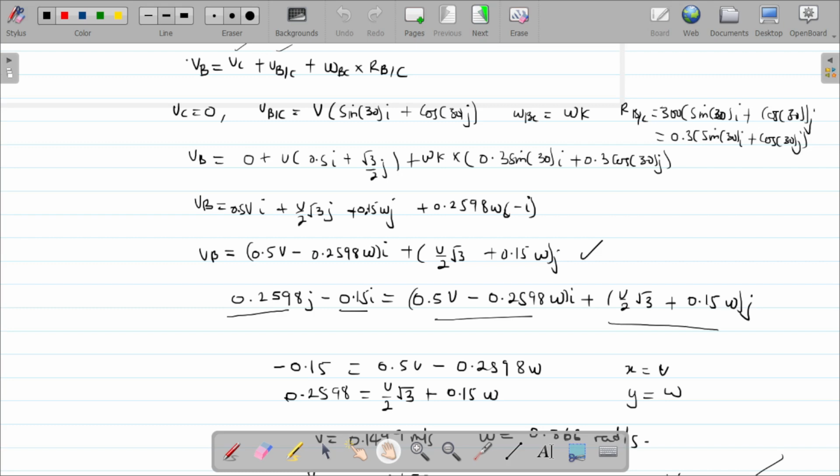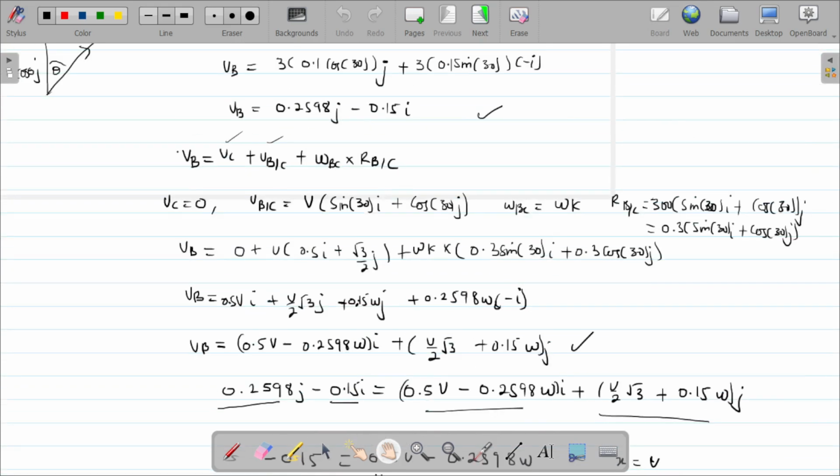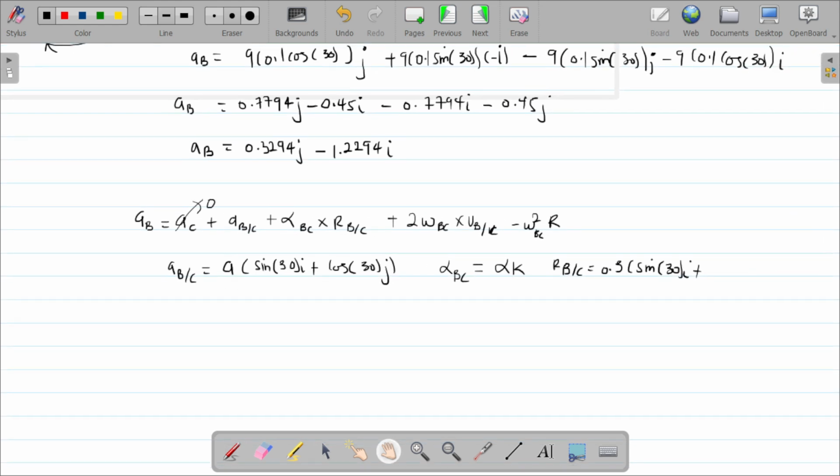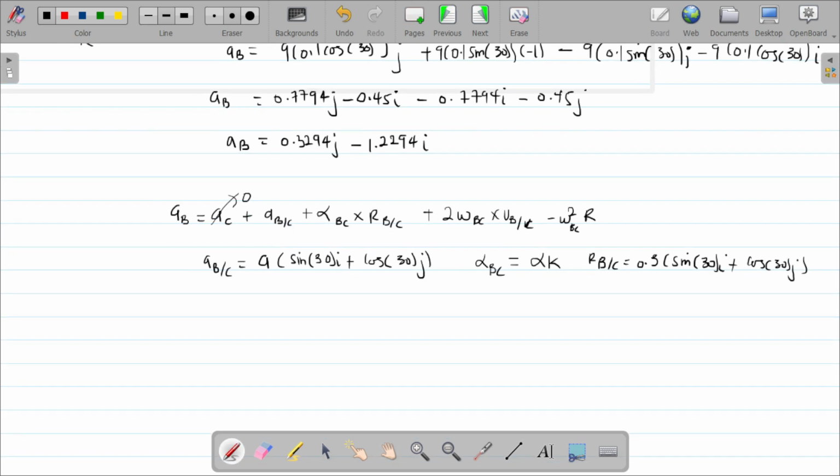Here it is: 0.3 sine 30 i plus cos 30 j. So r of B with respect to C is 0.3 sine 30 i plus cos 30 j.